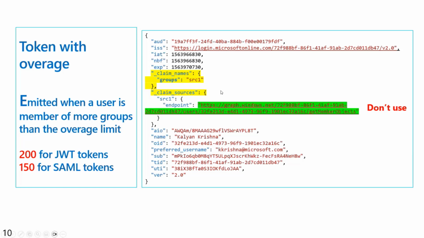So here you can see that we also provide this _claim_sources endpoint. This is the Microsoft Graph. It should be the Microsoft Graph endpoint that I would call in order to actually go ahead and find out the group membership. Unfortunately, this is not a Microsoft Graph endpoint.